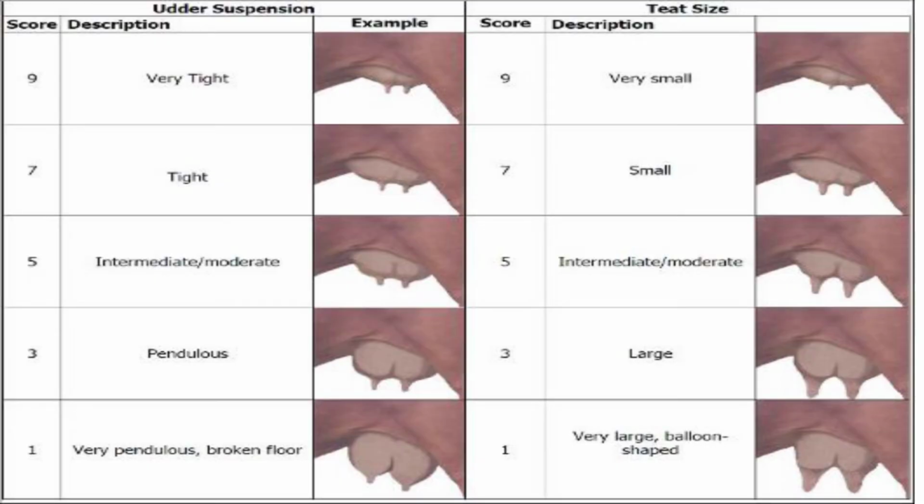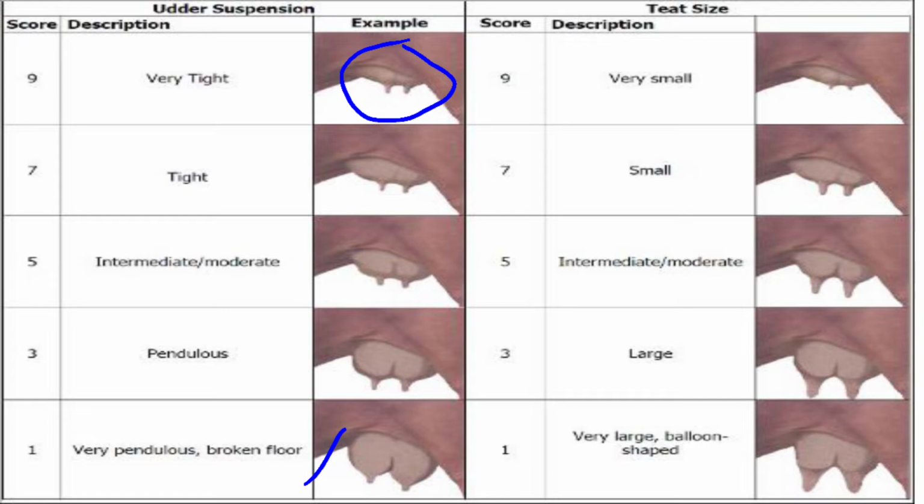This is the diagrammatic representation of the udder scoring, in which udder suspension 9 is very tight, close to the pelvic region, and 1 is very pendulous or broken floor.